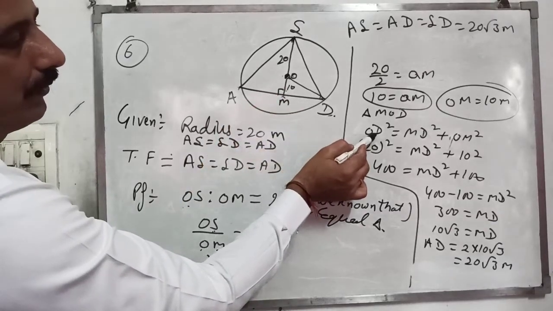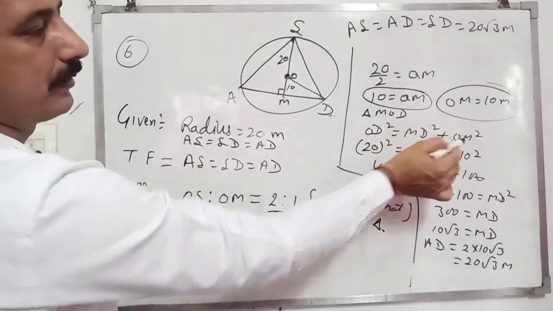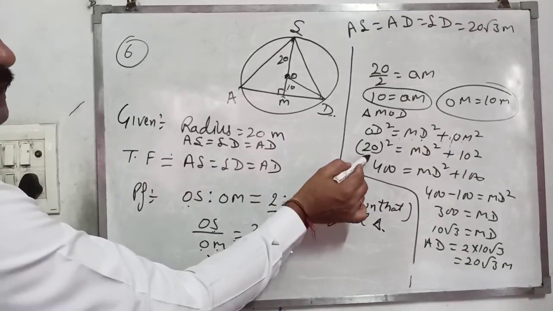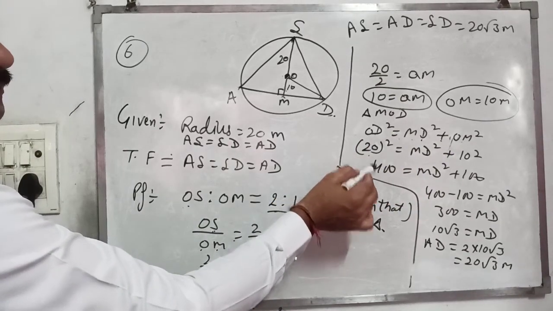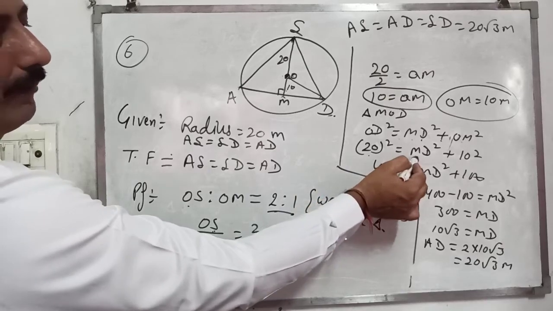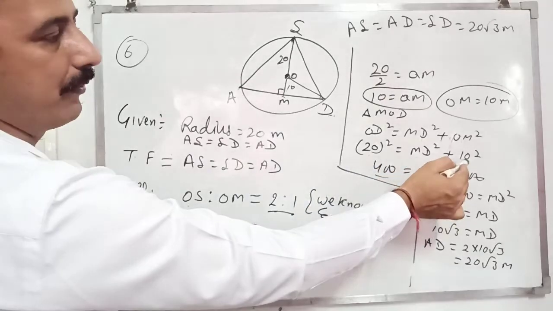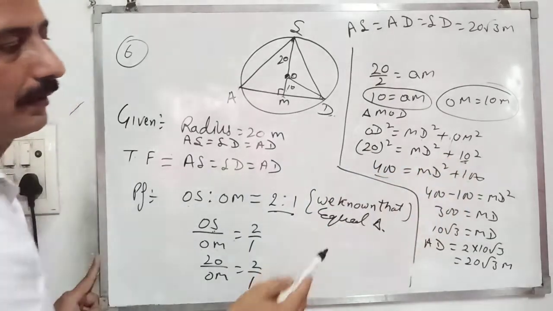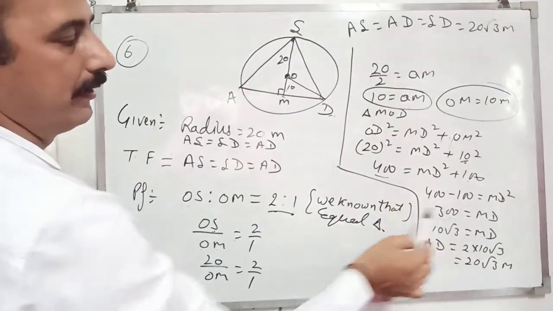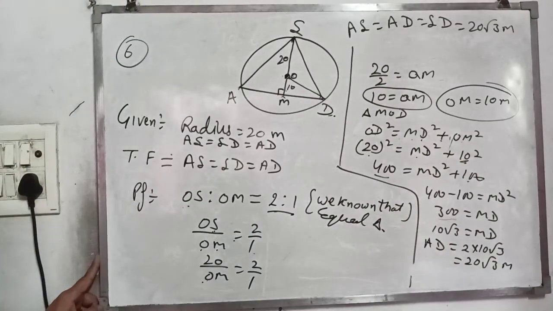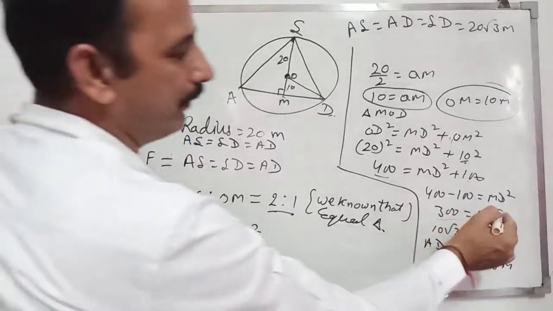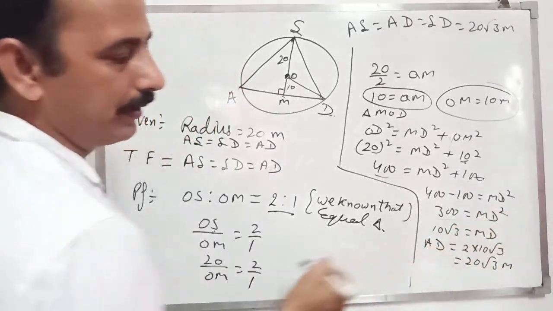The square of OD is equal to MD square plus OM square. So OD is 20. So square of 20 is 400. MD we want to find, and the square of OM, that is 10, is 100. Now we shift this side, you get 300. So MD square is equal to 300. So we want to find MD.